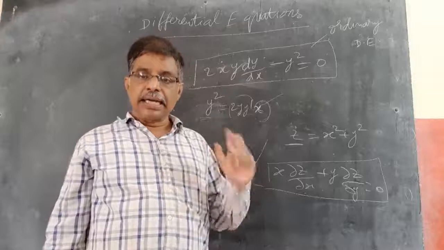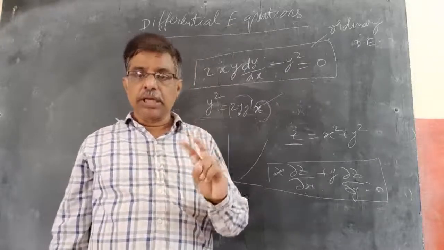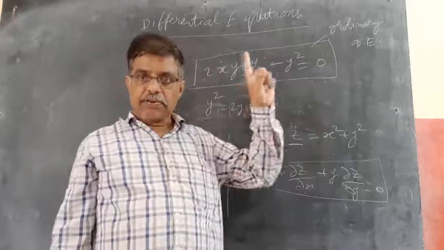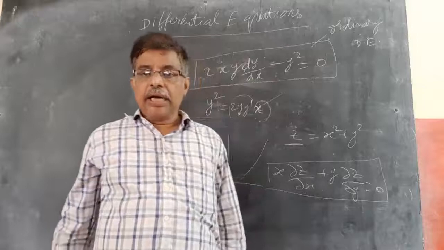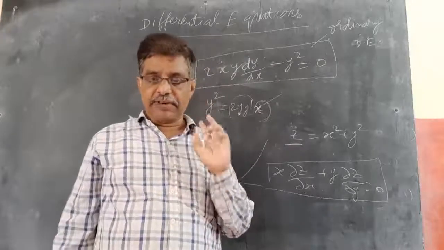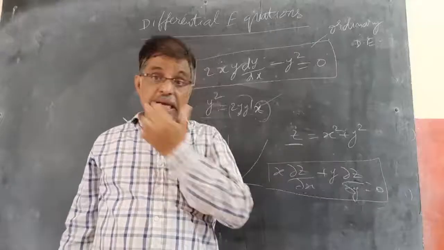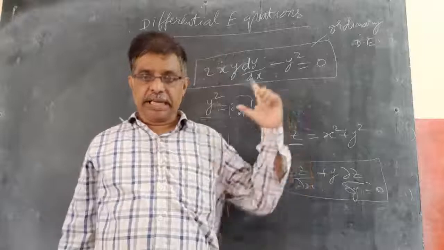That we will learn, and then we will learn the solving of equations which involve only one variable, that is, first order ordinary differential equations having one order and one degree. Only these we are going to learn in this chapter, and the remaining you will learn in your engineering.